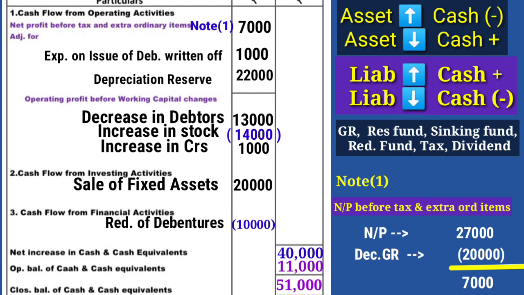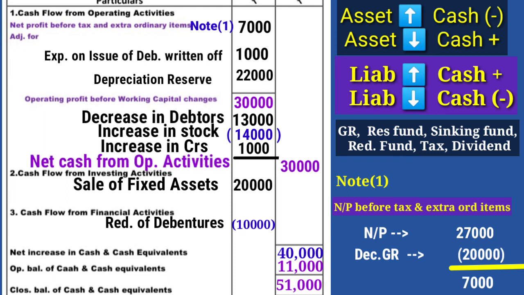Now we can total. 7,000 plus 1,000 plus 22,000 is 30,000. This is the operating profit before working capital changes. Then 30,000 plus 13,000 minus 14,000 plus 1,000, 30,000 is the net figure. This is the net cash from operating activities.